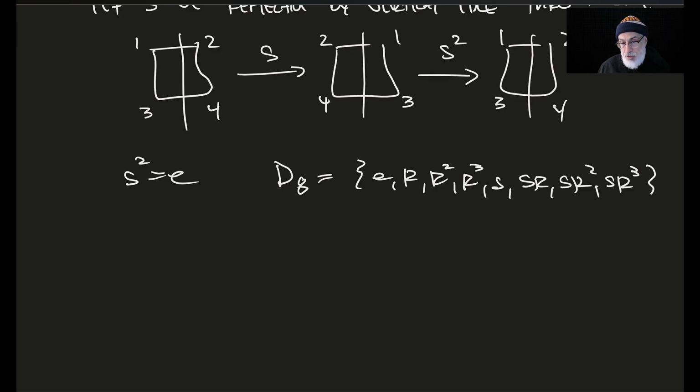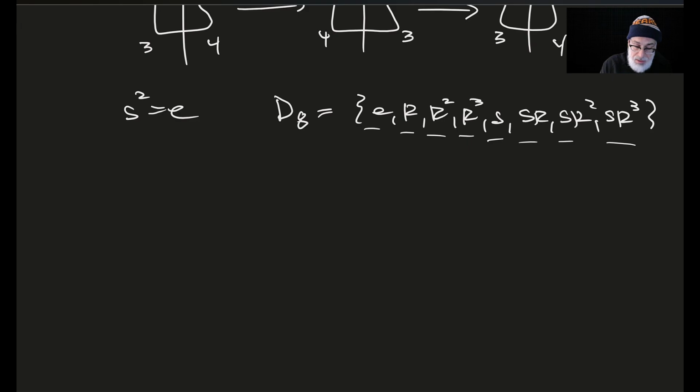So the dihedral group is the identity, nothing happens, 1 rotation, 2 rotations, 3 rotations, 1 reflection. Then the composition, reflection, rotation, reflection, rotation squared, reflection, rotation cubed. And those will be the 8 ways that we can rigidly move this triangle or this square. Okay.